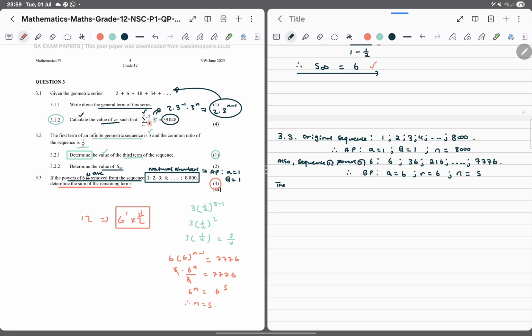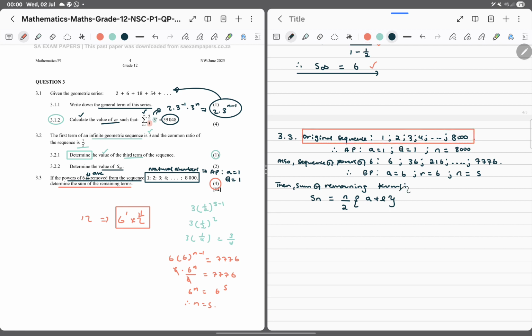So we can say then, sum of remaining terms is such that we have Sn equal to n over 2 into A plus L, because this is the arithmetic sequence, because this is the parent sequence.